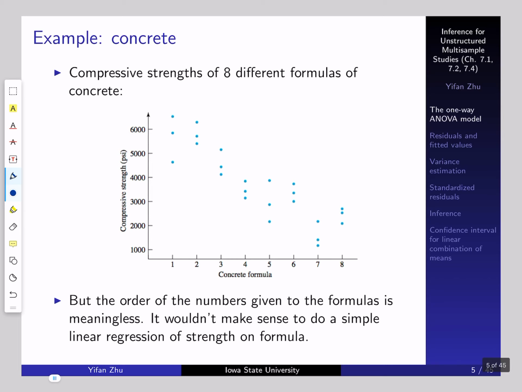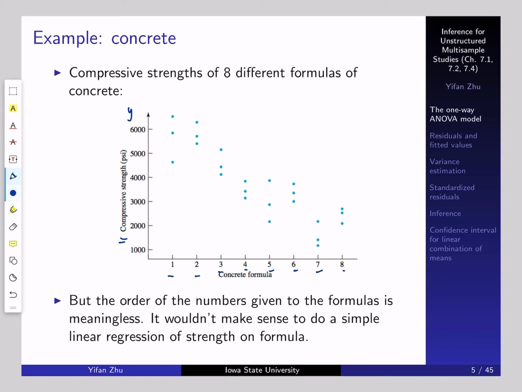Here is an example of the one-way model. This is concrete data. We have 8 different formulas for concrete, and we measure the compressive strength of these 8 different formulas. This plot shows the recorded strength on the y-axis for each level from 1 to 8 of the concrete formula.